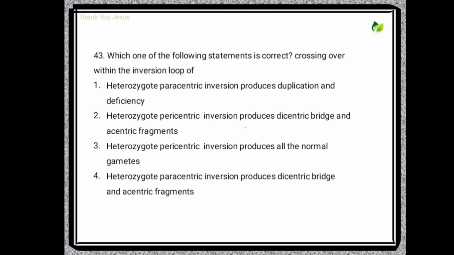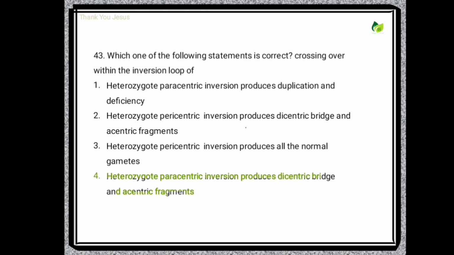Which one of the following statements is correct? Crossing over within the inversion loop of. Options are: heterozygote paracentric inversion produces duplication and deficiency; heterozygote paracentric inversion produces dicentric bridge and acentric fragments; heterozygote pericentric inversion produces all normal gametes; heterozygote paracentric inversion produces dicentric bridge and acentric fragments.